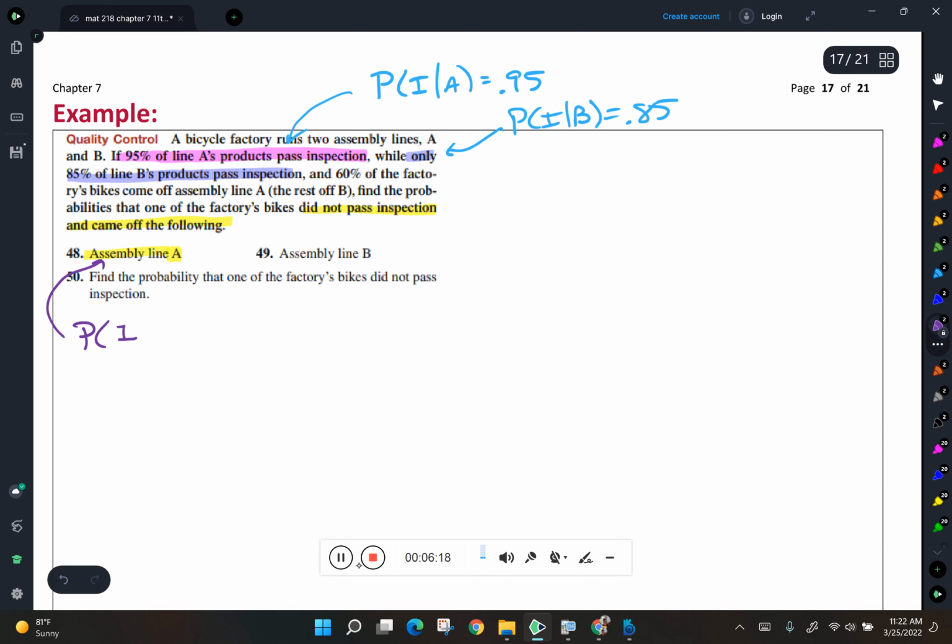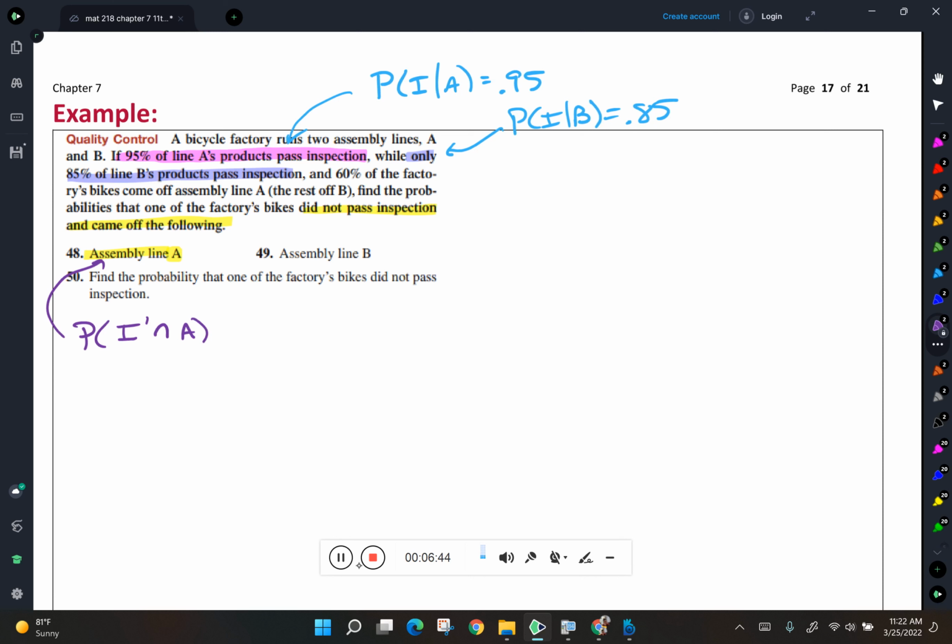This is did not pass inspection and came from assembly line A. Is that a conditional probability, or is that an intersection? That's not conditional. That's not the probability that it didn't pass inspection given that it came off of line A. It's I picked a bike from the pile at the end. What's the probability that it failed and came from A?